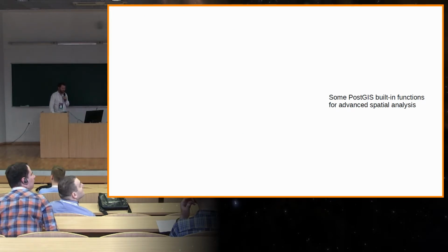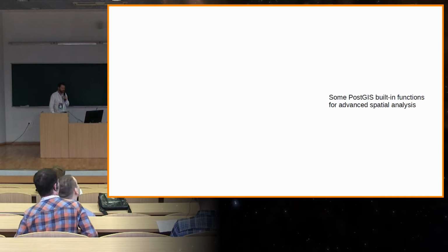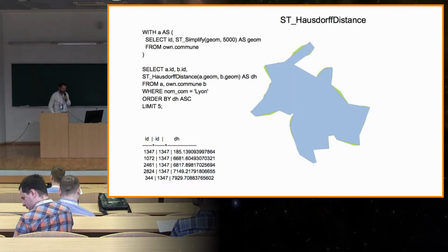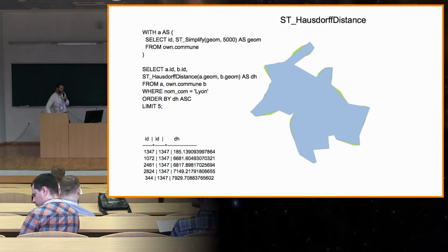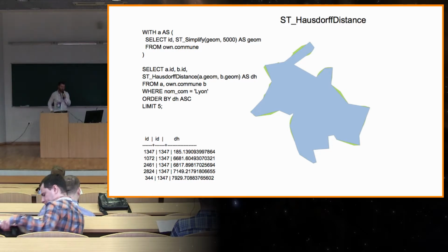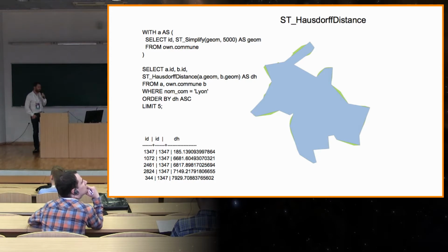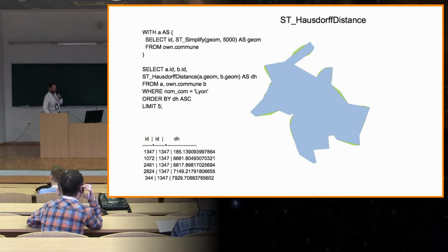If we want to play with more advanced spatial PostGIS functions, there are also functions related to the ability to discover if two features are really the same. So here you can see the blue one and beneath a green one. They are really close.